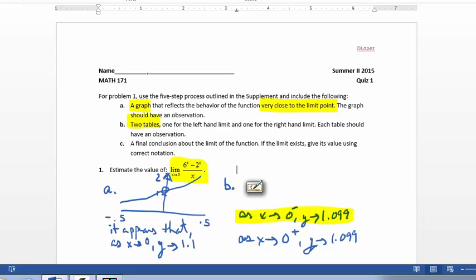All right. So there's your observation for the other table, which you would have just copied down some of those rows. Okay.